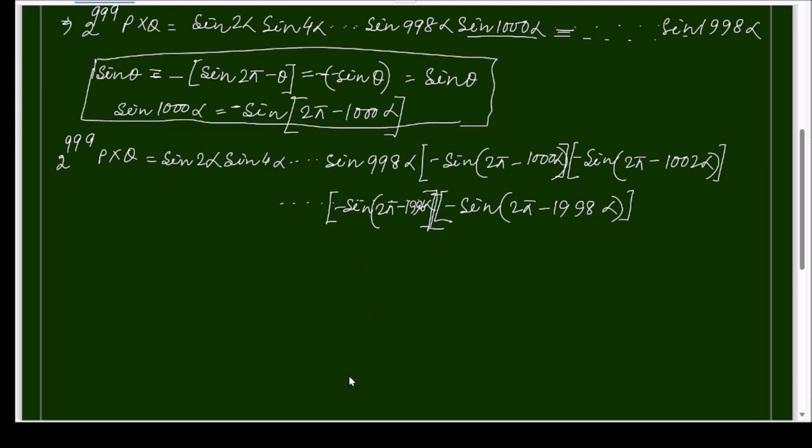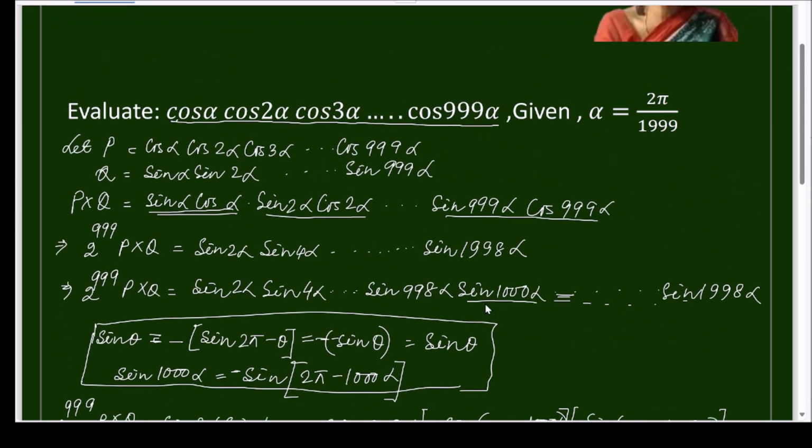Next I will go for another trick. What is that? See, negative sine of 2 pi minus, next I will apply the value for alpha. What is alpha?